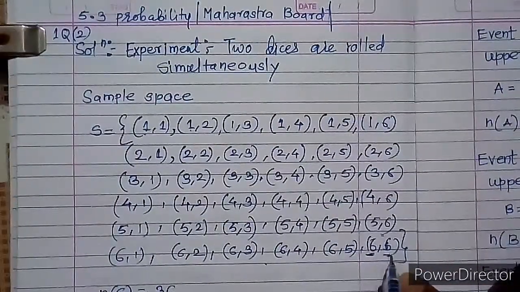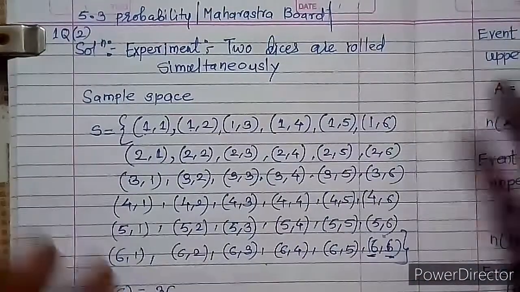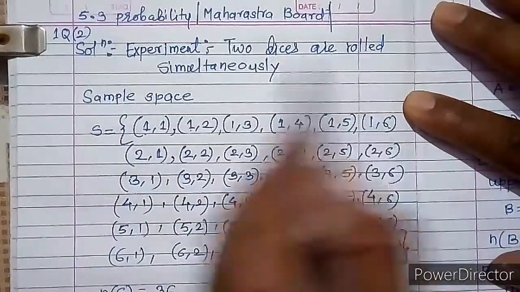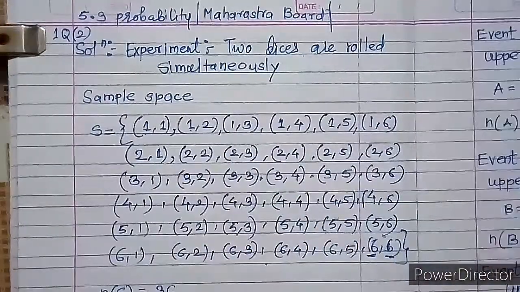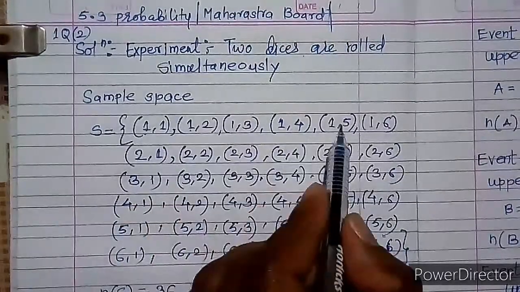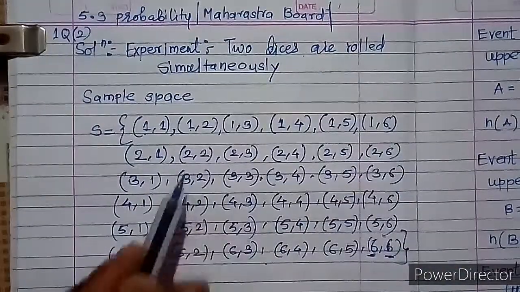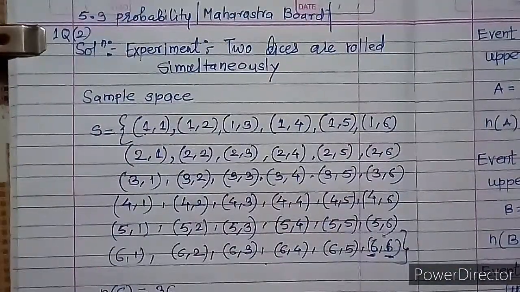These are the various outcomes, because 2 dice are rolled simultaneously. Then n of S, the total elements in sample space S, we count: 6 rows and 6 columns, 6 into 6.